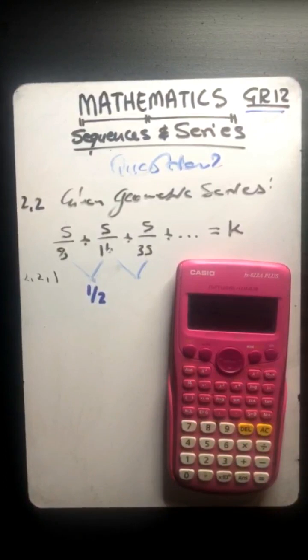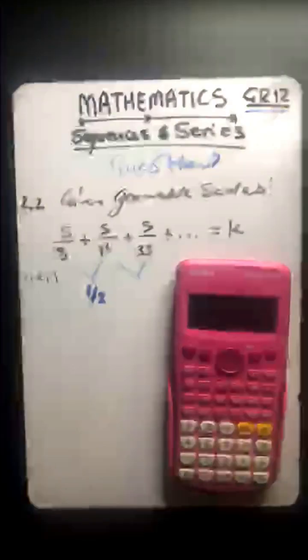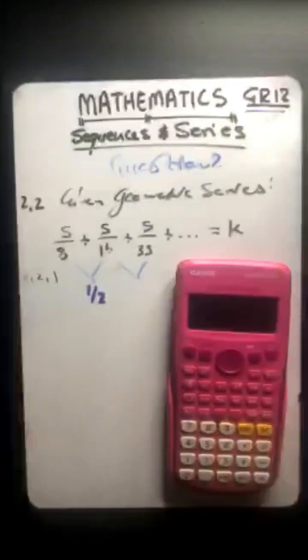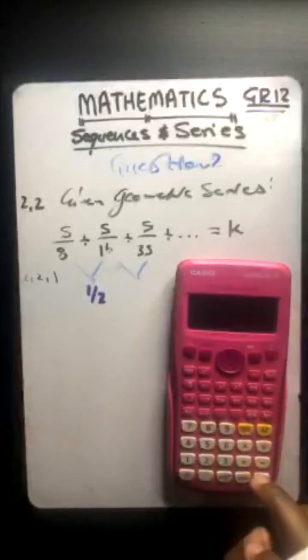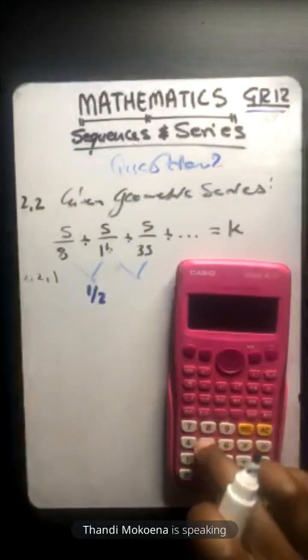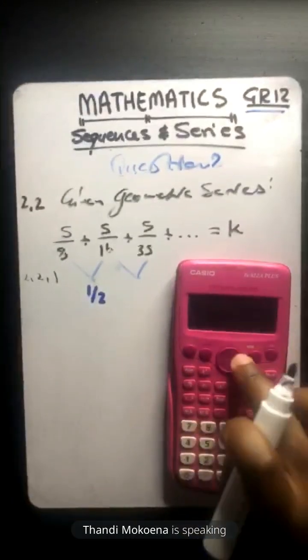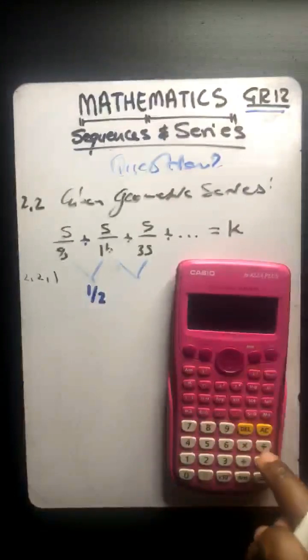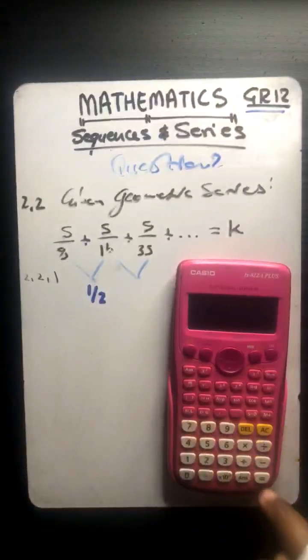Did I copy that correctly? Yes, I've copied it correctly. Okay, it's 5 over 16 divided by 5 over 8.